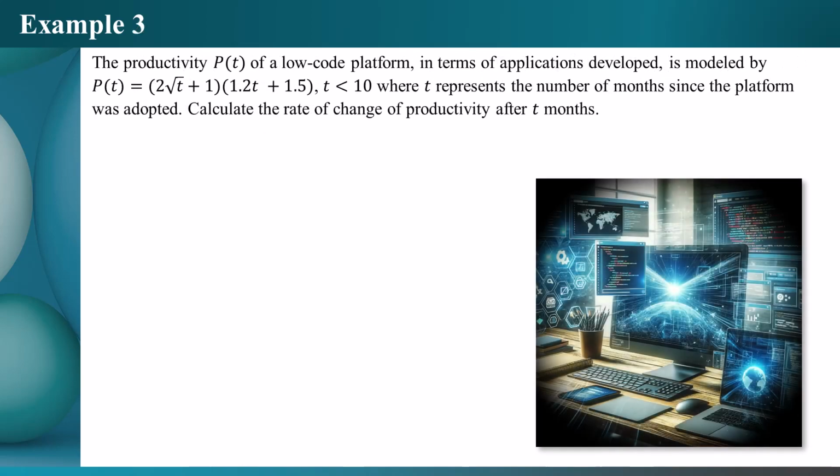The productivity, P of t, of a low-code platform in terms of applications developed is modeled by P of t equals 2 times the square root of t plus 1 times the quantity 1.2t plus 1.5. This model is good for t less than 10, where t represents the number of months since the platform was adopted. We want to calculate the rate of change of productivity after t months.